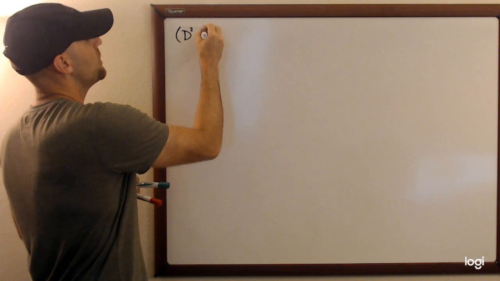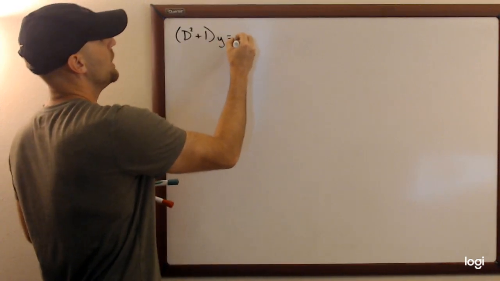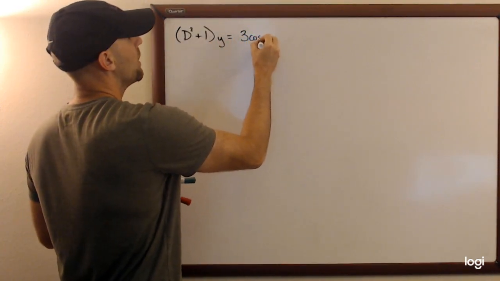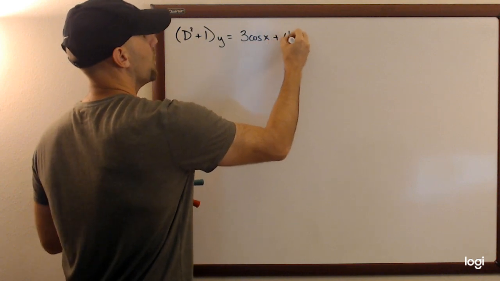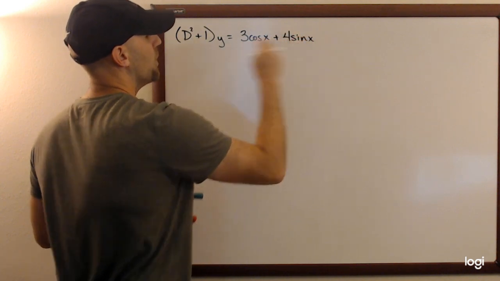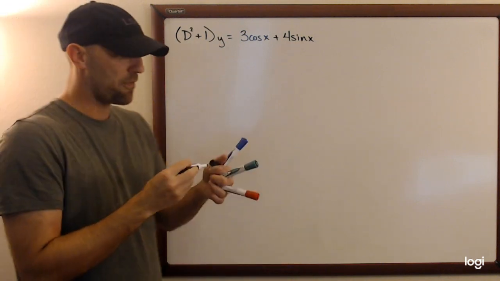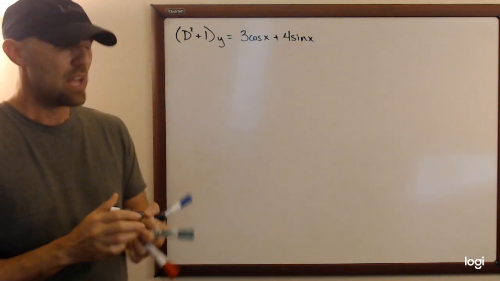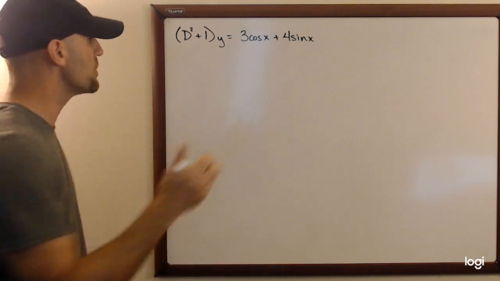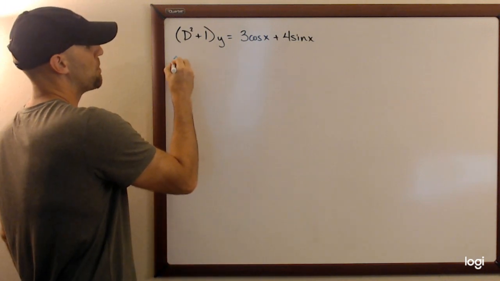Okay, so let's do D squared plus 1 y equals 3 cosine x plus 4 sine x. Okay. Again, non-homogeneous. The first thing I want, my complementary function, that comes from my associated homogeneous version of this equation. That should be pretty easy.